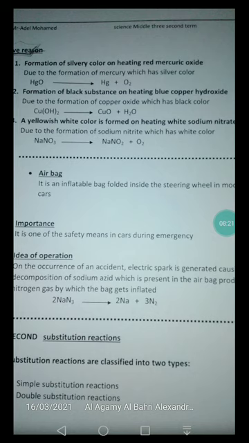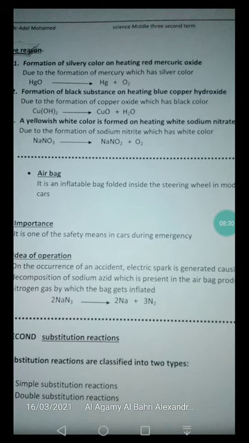Give a reason also for why a yellowish white color is formed on heating white sodium nitrate: due to the formation of sodium nitrite, which has yellowish white color. So in this case, NaNO3 gives NaNO2 plus O2. Or you can answer by using the equations directly, and you will get the full mark from this answer also.